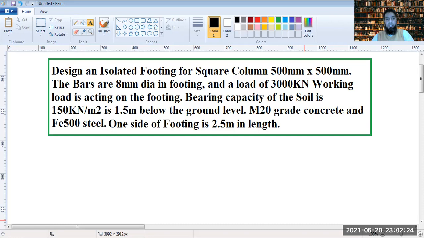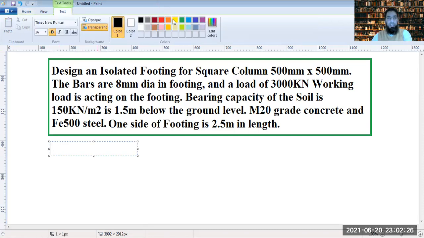So let's go one by one. What's given to us? One, it's given that there is a load of 3000 kilonewton. That's given.